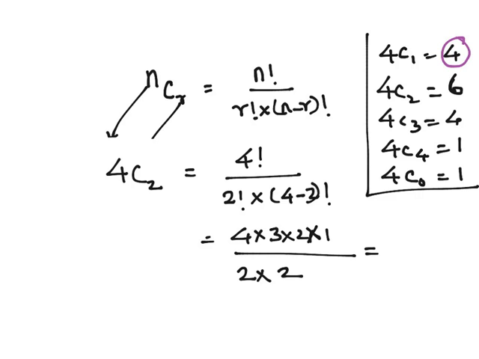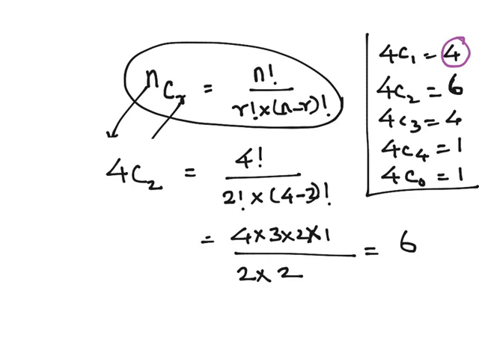So I get 6 as the answer. Right? So as you can see, it is correct. So we can use this formula. Please remember this formula: NCR is n factorial divided by r factorial multiplied with n minus r factorial.